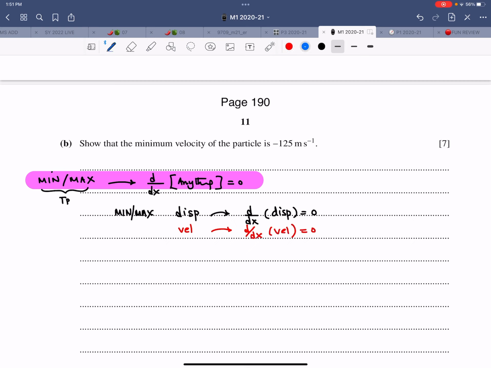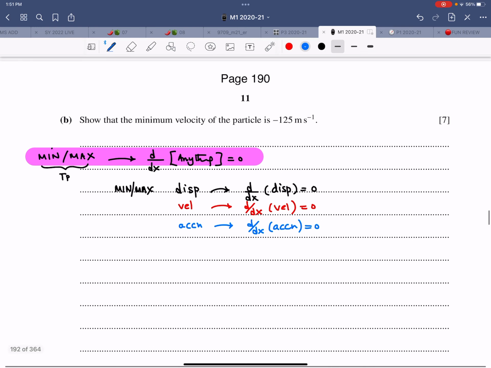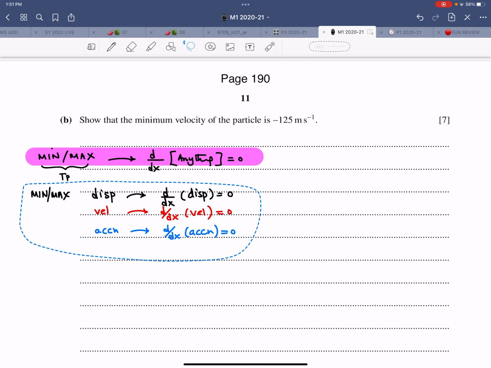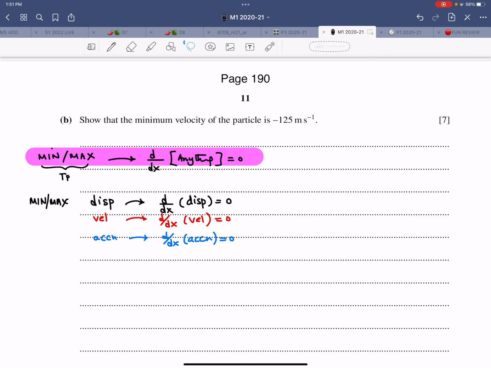If I talk about minimum or maximum acceleration, therefore the differentiation of that acceleration should equal 0. Remember this logic. Now let me put this logic on the side. Let's not talk about the mystery part of this particular question. Let me first show you the working.